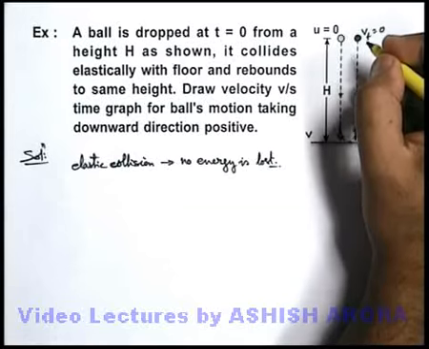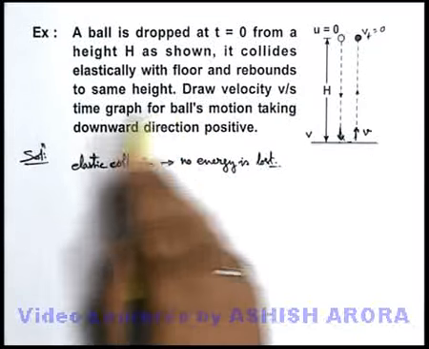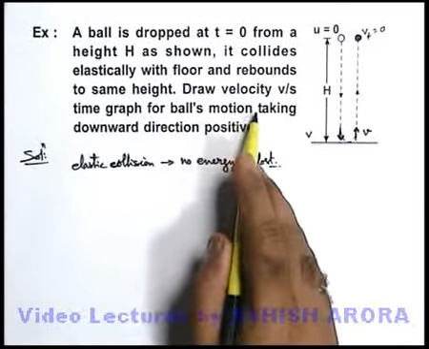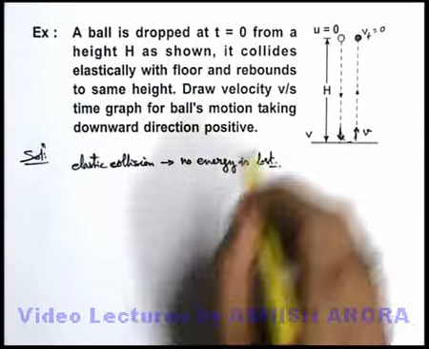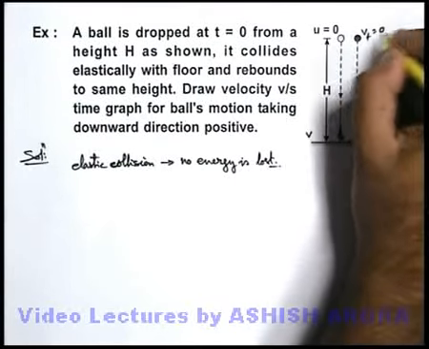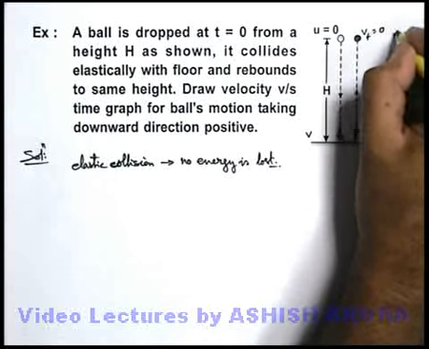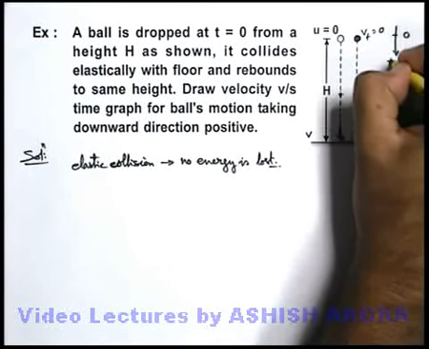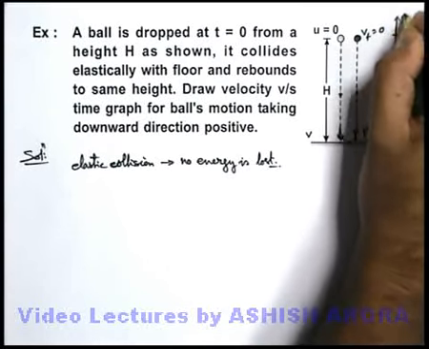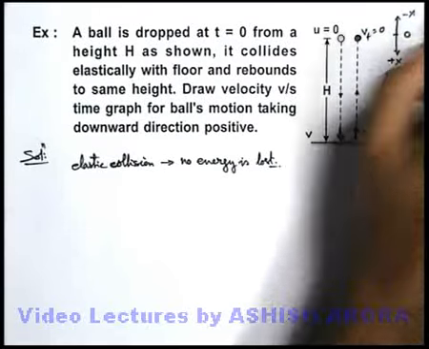We are required to draw the velocity versus time graph for the ball's motion, taking downward direction positive. If we consider the origin at the starting point, here we take downward direction as positive x and upward direction as negative x.